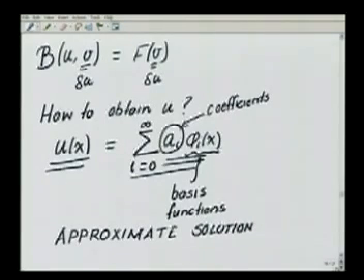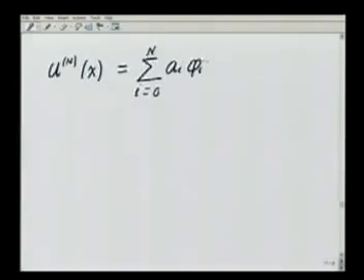That is, we will now take, instead of the full series, a truncated series, where I will have n terms, u_n of x. So this is now a so-called truncated series.